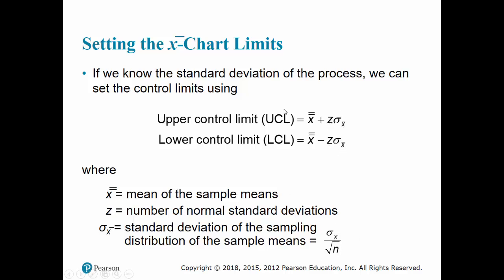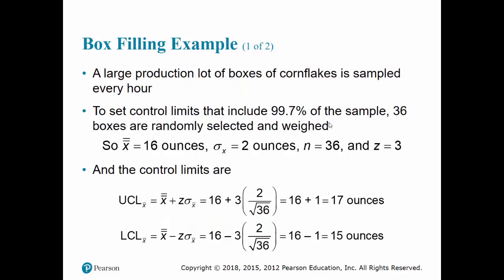Then we use this formula to develop your upper and lower control limits, where z will be equal to 3 if you desire 99.7% control limits, or it will be equal to 2 if you desire 95.5% control limits. So here is an example. X double bar is 16 ounces, sigma is 2 ounces, the sample size is 36, and you want 99.7%.